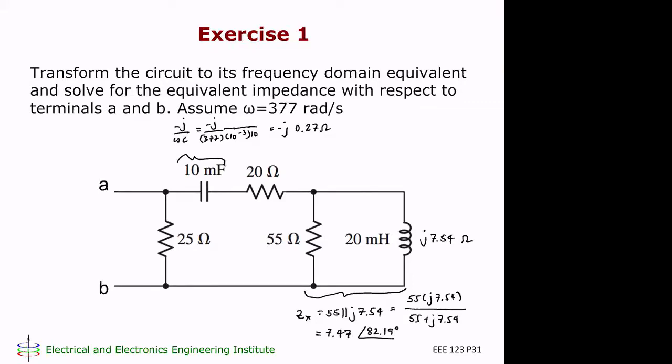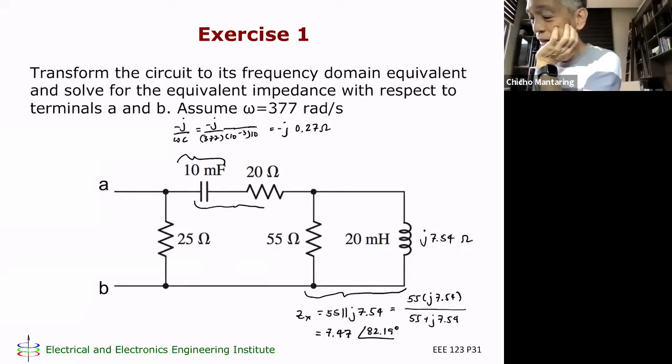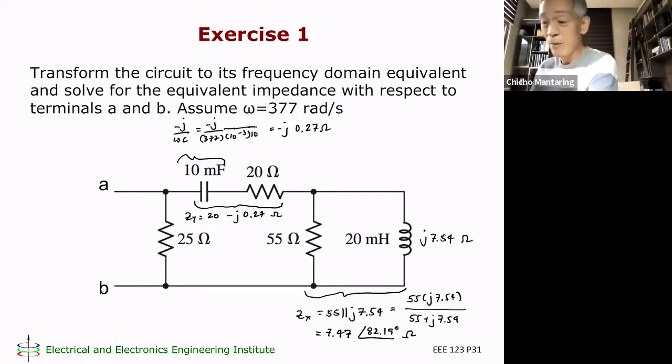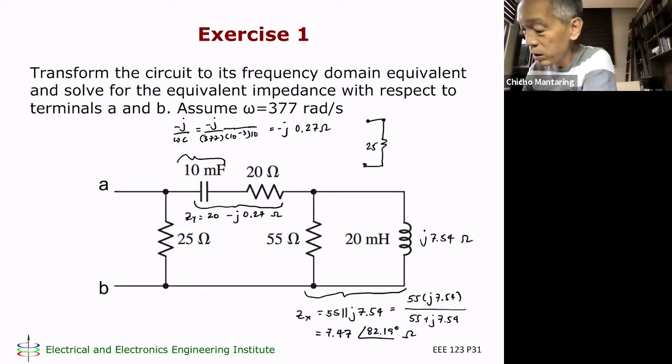Then this one, let me call this ZY. These two are in series. So ZY is 20 minus j0.27 ohms. Of course, this is in ohms. So my circuit now has 25 ohms, ZX, ZY, and ZX.